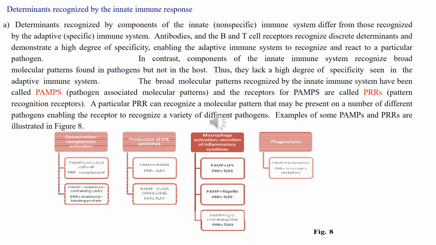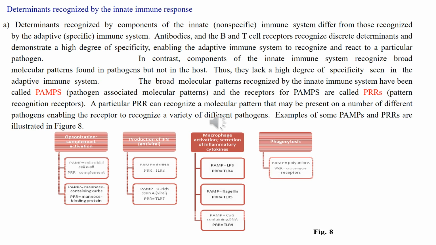Determinants recognized by the innate immune response. Determinants recognized by the components of the innate immune system differ from those recognized by the adaptive immune system. Antibodies and B and T cell receptors recognize discrete determinants and demonstrate a high degree of specificity, enabling the adaptive immune response to recognize and react with a particular pathogen.